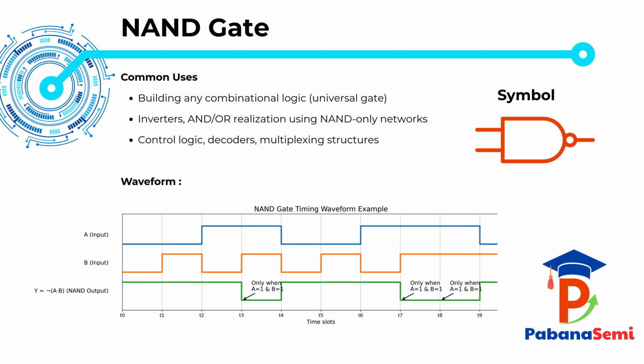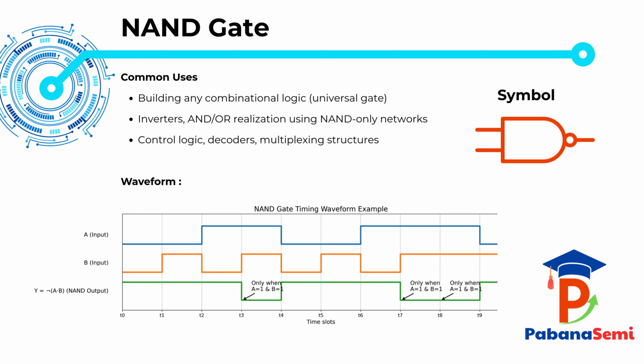Third, NAND gates appear everywhere, in control logic, decoders, and multiplexing structures, where we combine multiple conditions and generate qualified outputs. Now, observe the waveform at the bottom. The top two traces represent inputs A and B, while the bottom trace depicts the output, Y equals (AB) prime, which corresponds to the NAND function.